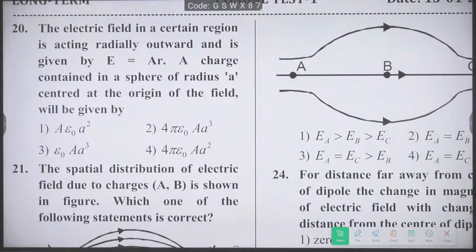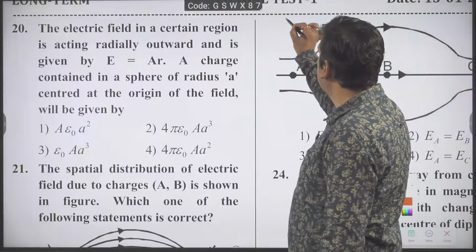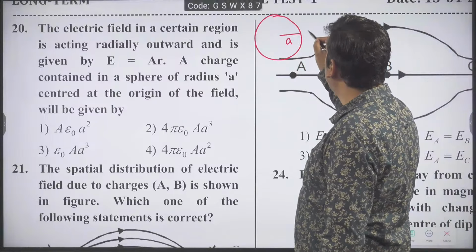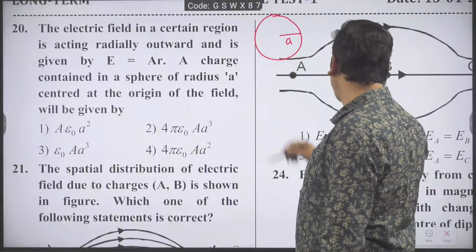Gauss law. Okay, option number 2. Charge contained in a sphere of radius A. Let's say this is a sphere of radius A. If you want to find the charge contained here, then we should find the flux through it.